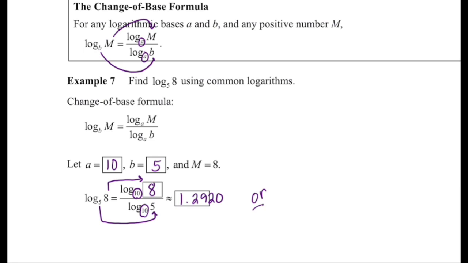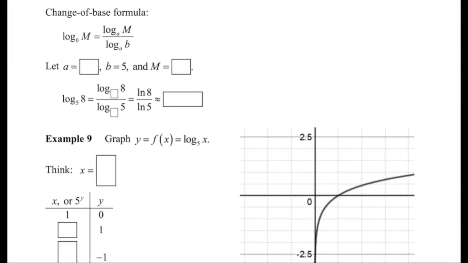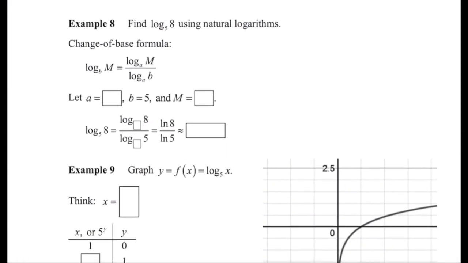I'm going to put the word "or" here, because we could use natural logarithms, and I'll show you how to use that on the next page. So we can also change the base using natural logarithms. Our a value is 10, our b value is 5, and our m value is 8.